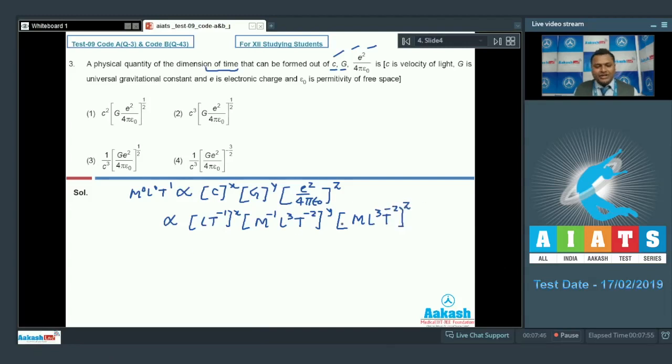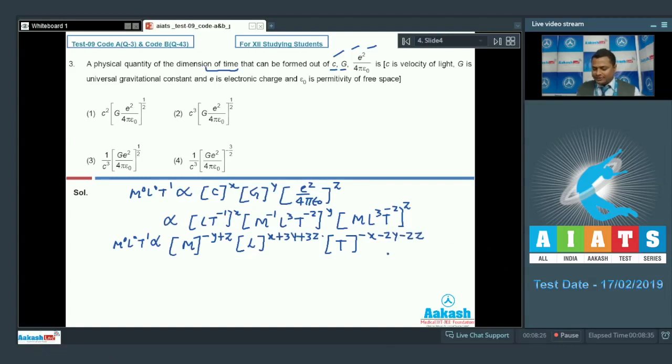Now, after rearranging mass, length and time in their individual brackets, we can get three linear equations. So finally we will get M^0 L^0 T^1 proportional to M to the power minus y plus z, L to the power x plus 3y plus 3z, and T to the power minus x minus 2y minus 2z.